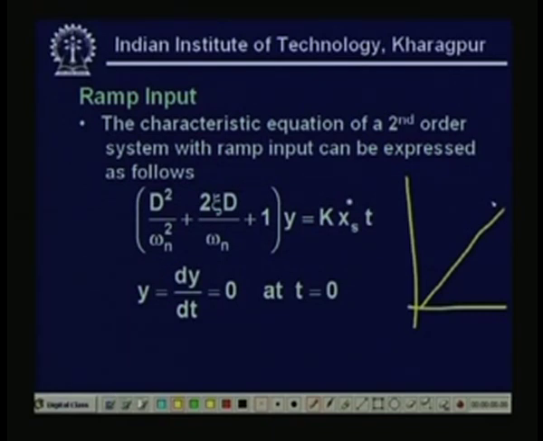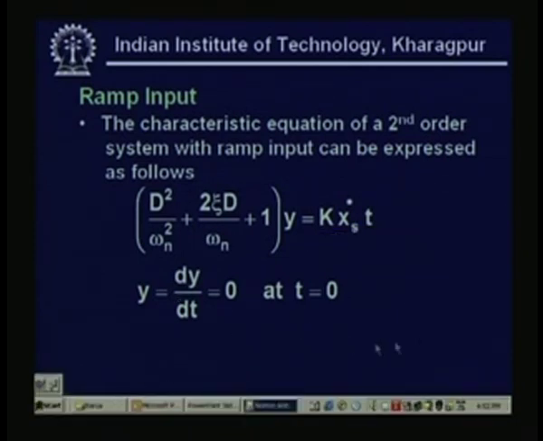Now, we can do this in the case of the second order system. This is my input, with the constant k as before, xs dot into t. So it is continuously changing with time. I made it a unitless quantity. These are our initial conditions.